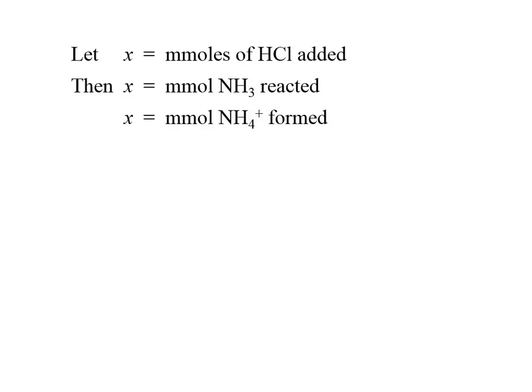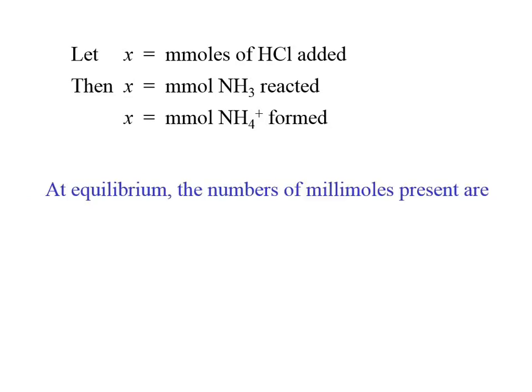This is the amount of this that's reacting, and this will be the amount of that that's also formed, because the stoichiometry is 1-to-1. When the dust finally settles, your limiting reactant will be used up.